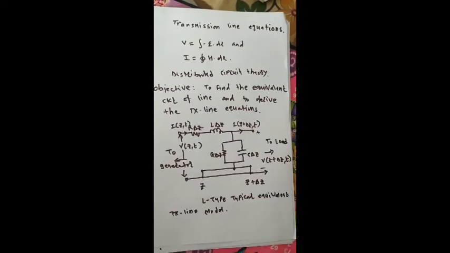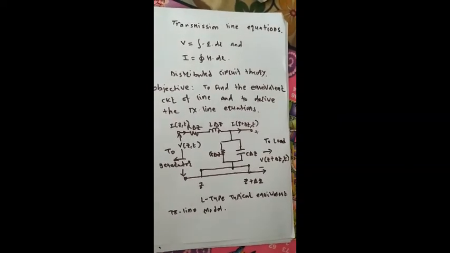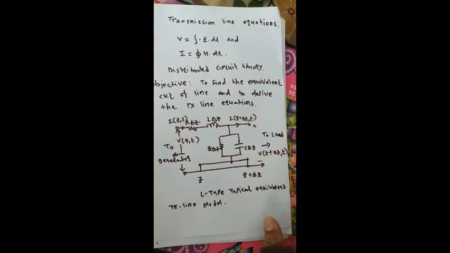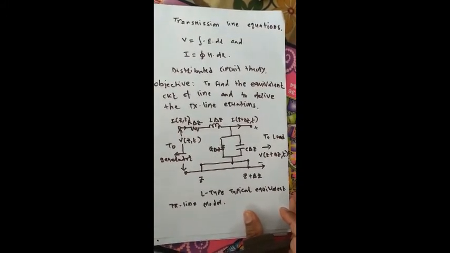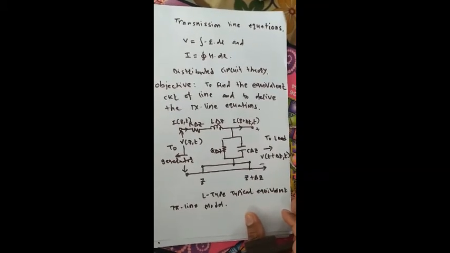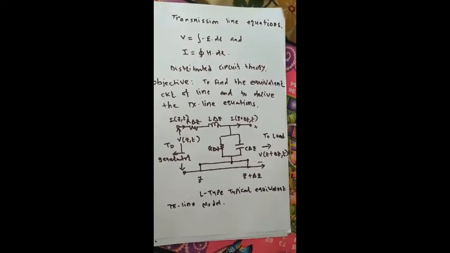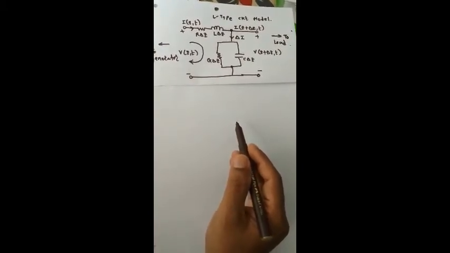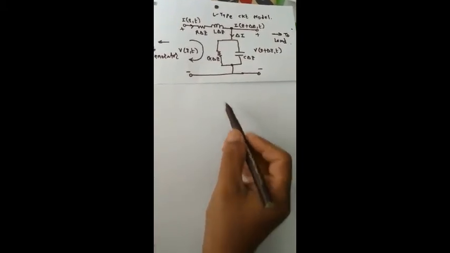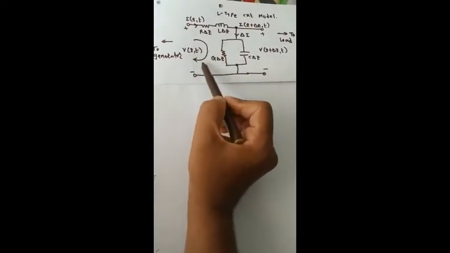Now let us apply KCL and KVL for obtaining the equivalent circuit of the line and for deriving the transmission line equations. First of all, we will apply KVL over this loop.